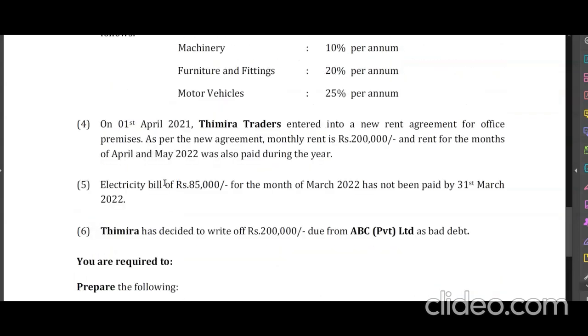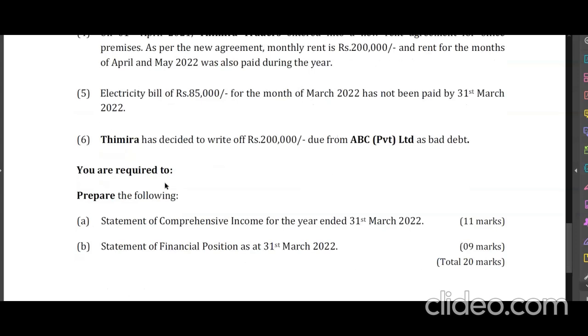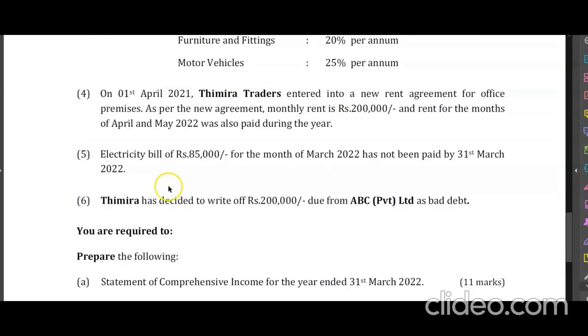After doing all the adjustments, you are required to prepare the statement of comprehensive income and the statement of financial position. The statement of comprehensive income carries 11 marks, and the statement of financial position carries 9 marks, a total of 20 marks for the whole question.